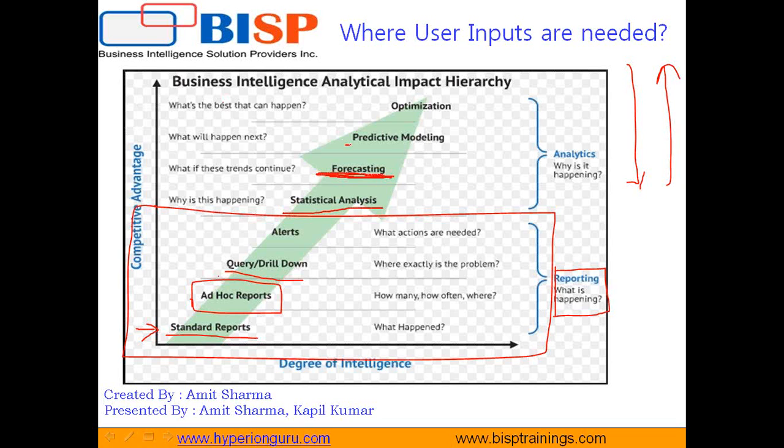And if you go to the next level, predictive modeling. For advanced analytics, we do predictive modeling. Let's say whenever you have an acquisition or merger, a great amount of predictive analysis is done. What if we acquire this company? How is it going to impact the brand value of my company?